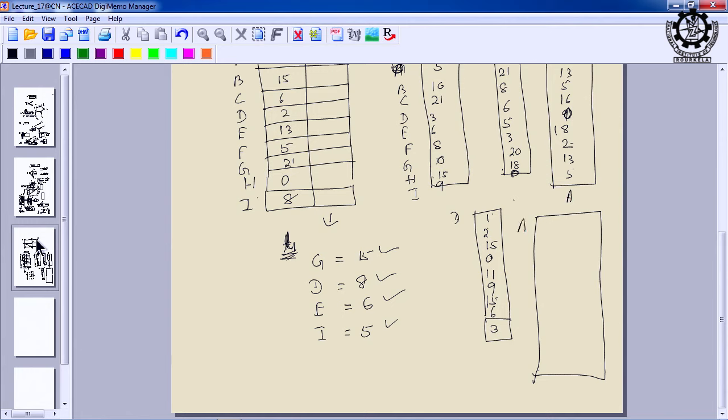This is for H. Tell me what will be the updated table now, by using the distance vector routing algorithm. So, I do it for you for this value. Rest of the values you find out and tell me.